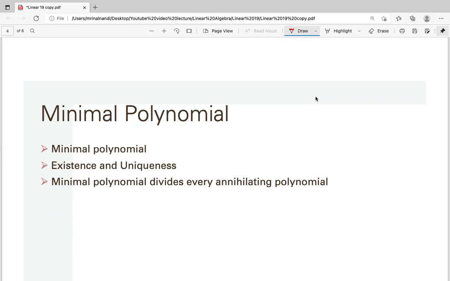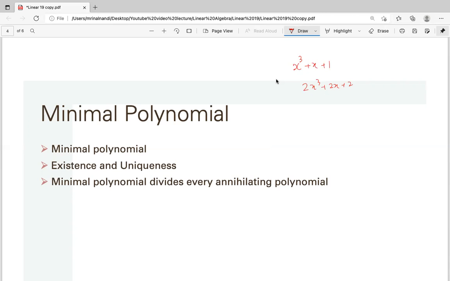But again, for the minimum degree, there are several polynomials. So if x cube plus x plus 1 annihilates that, then 2x cube plus 2x plus 2 also annihilates this. So you have to take the monic polynomial for uniqueness. So the minimal polynomial of a matrix or of a linear operator is a polynomial which annihilates that matrix, which is of least degree among all polynomials which annihilate that matrix, and which is monic.